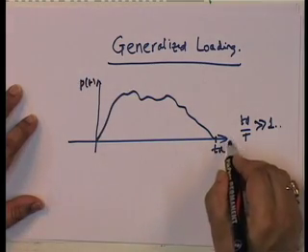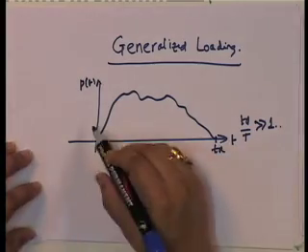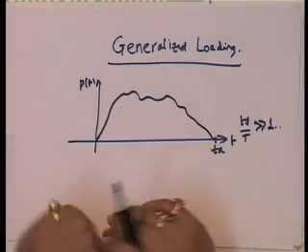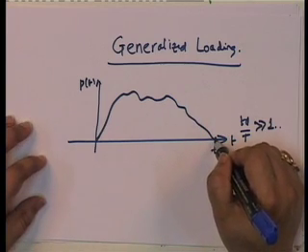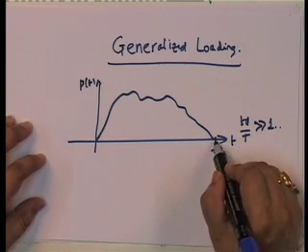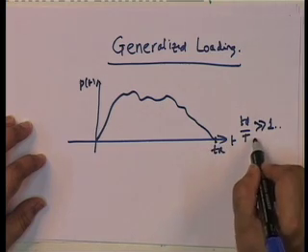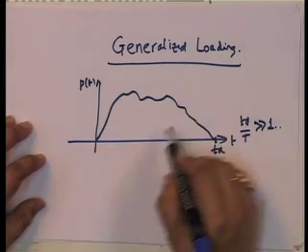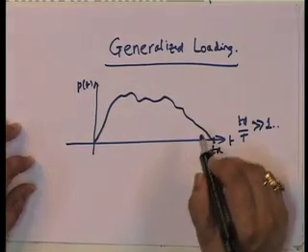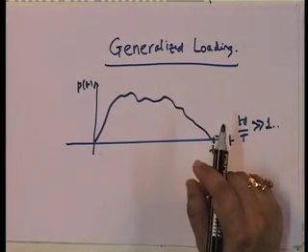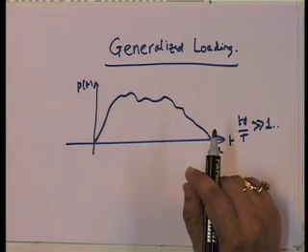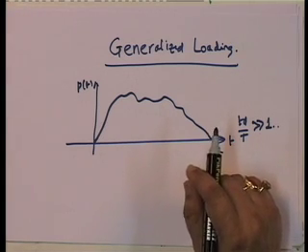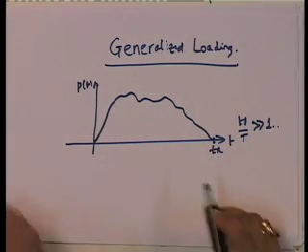Generalized loading essentially means a loading that lasts for a particular duration, but the duration is sufficiently large. Why am I saying that? I do not have to look at phase 2, because my peak will occur in phase 1 itself, and that will give me the response completely.